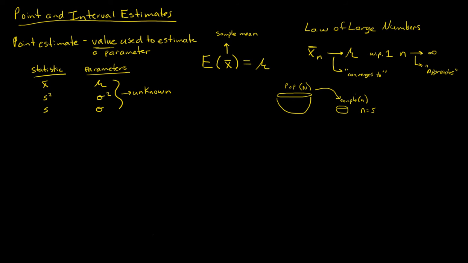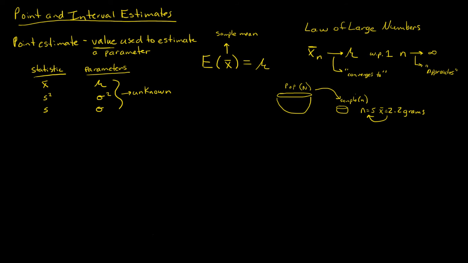So what you do is you draw a sample of n equals 5, and you get maybe a mass of jelly beans of, I don't know, maybe 2.2 grams. Now, the question I would pose to you is this sample mean, this x bar equals 2.2 grams based on this n equals 5.